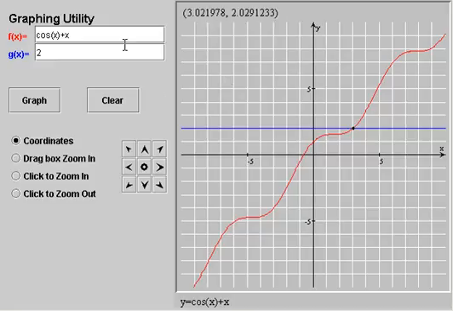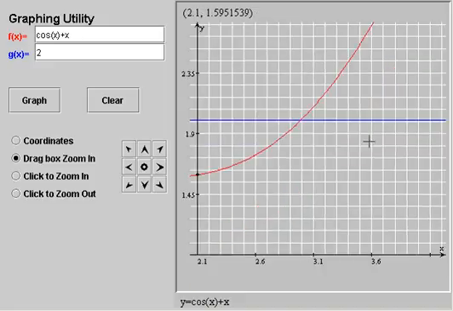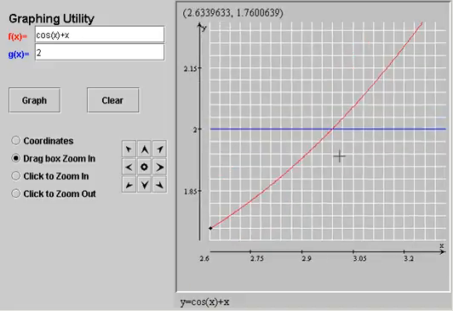Now what you can do is a drag box zoom in to get a little closer to that point of intersection. And again, to get even closer. And what happens is, if you look at where we are, the values that dot is running through now, the upper digits aren't affected very much, and you can zoom in and get closer and closer.